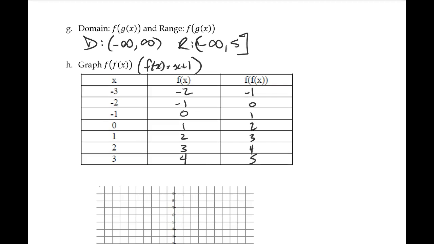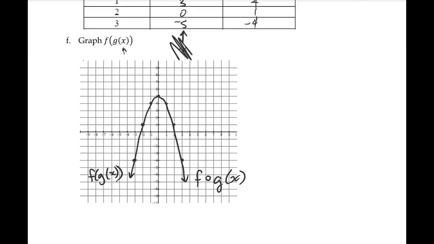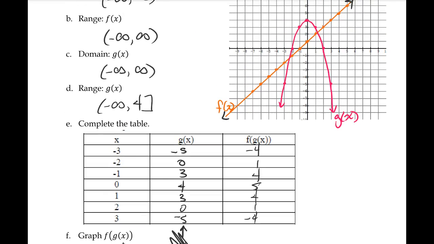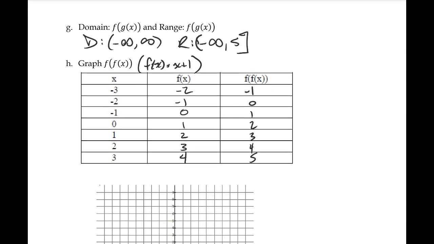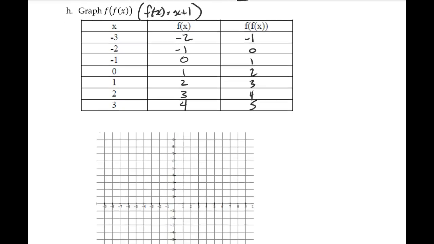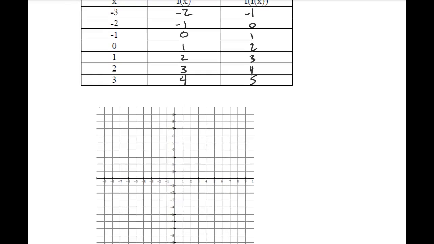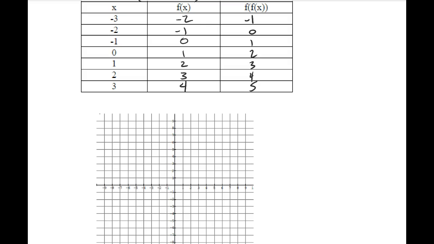Okay, so again, I'm seeing a trend where if I had a quadratic in my original function, I end up having this quadratic shape here. When I do f of f of x, I'm dealing with two linear equations, and that's pretty much what we're seeing in our output, and we'll see that when we graph it too. So I'm going to take negative 3 again as my input, negative 1 as my output.